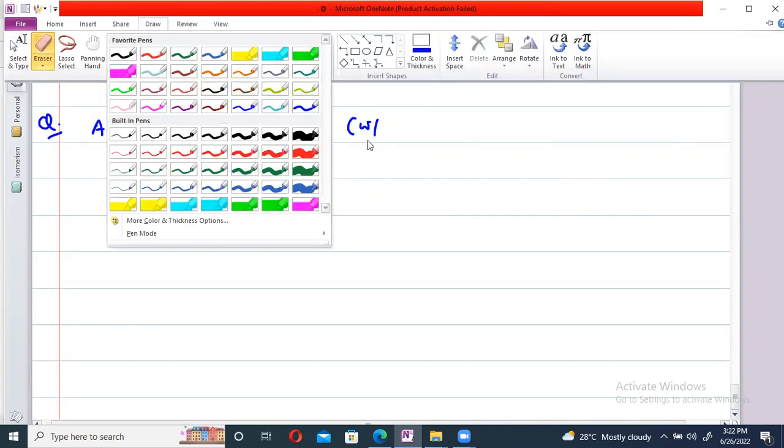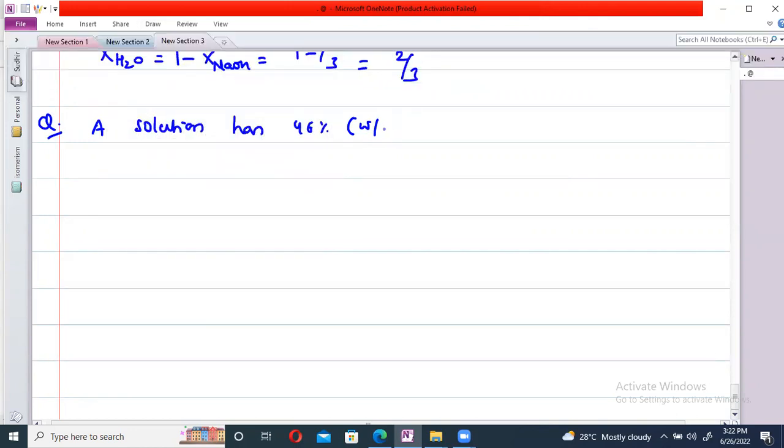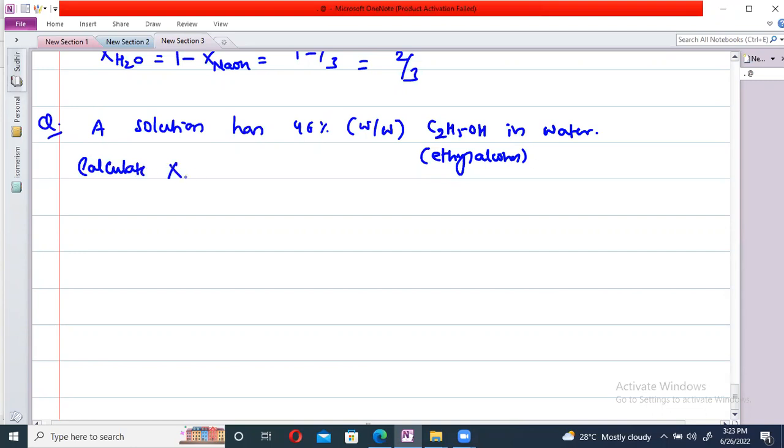A solution has 46% weight by weight C2H5OH, which is called ethyl alcohol, in water. Not volume, because volume may cause confusion, so I'll do weight by weight. They are asking to calculate the mole fraction of ethyl alcohol and the mole fraction of water.